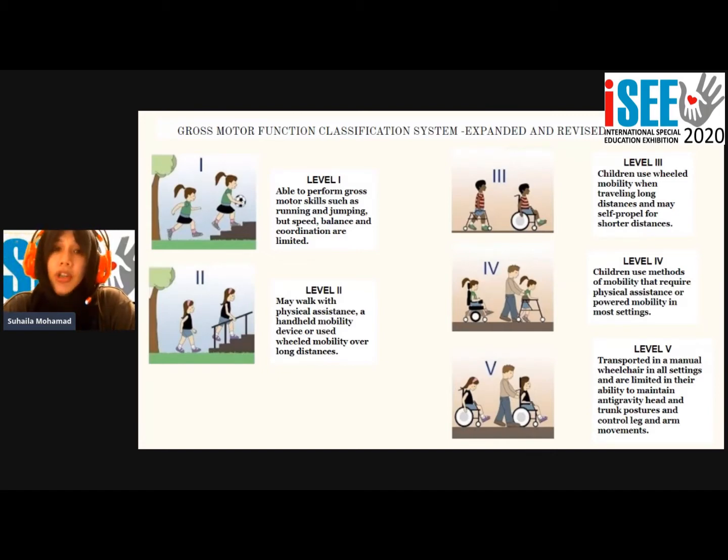Generally, a child or young person over the age of 5 years will not improve their GMFCS-ENR level. So, if, for example, a child is classified at a level 4 at the age of 6, then it is likely that they will need to use a mobility device throughout their life.